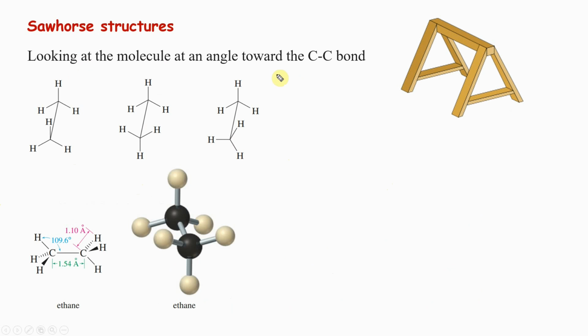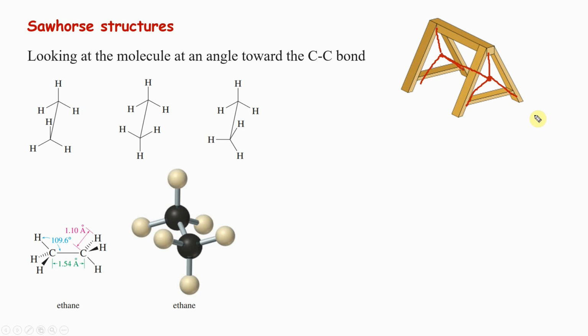Sawhorse is nothing but a carpenter tool. Carpenter வந்து இந்த மாதிரி ஒரு டூல்ல மேலே வச்சு they can do their work. Okay. In this notation, it is seen that the front carbon is here, back carbon is here. Okay, this is Sawhorse notation.